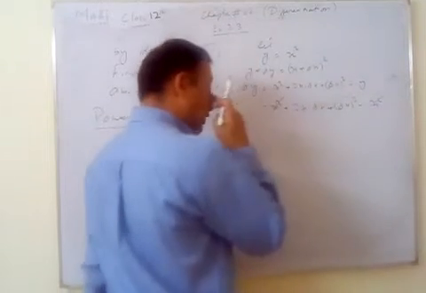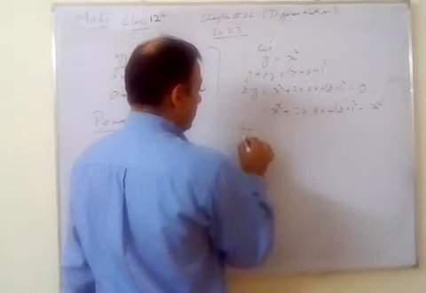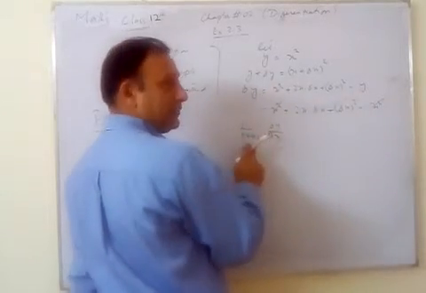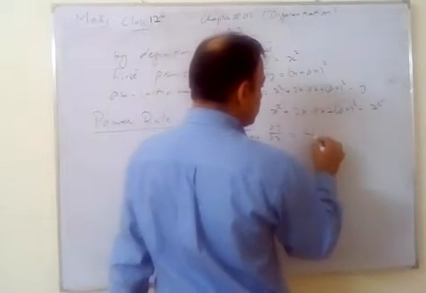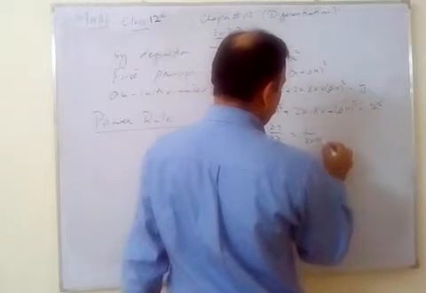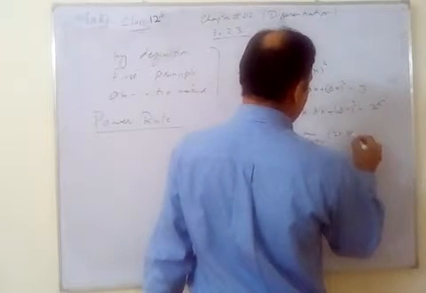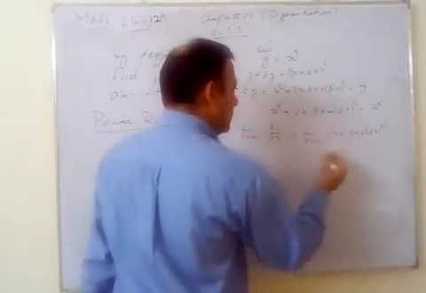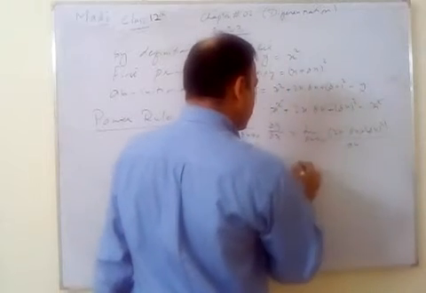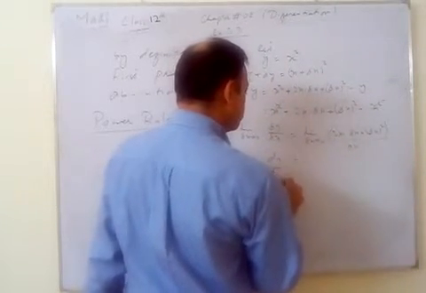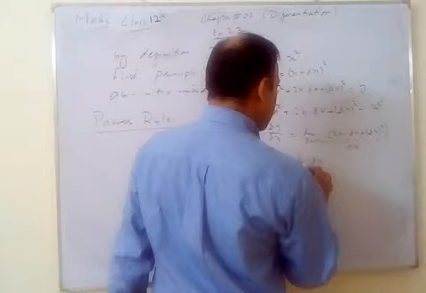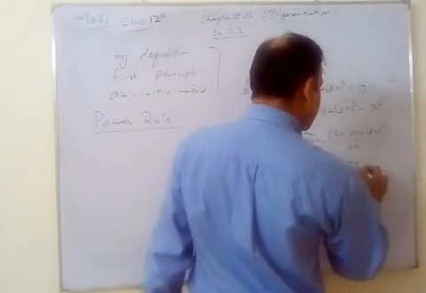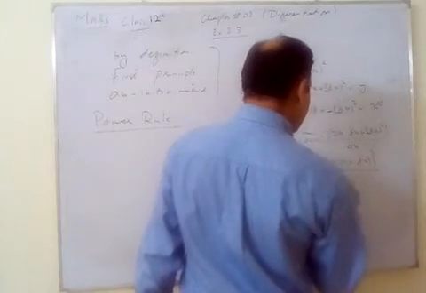Both x squares are cancelled. Now taking limit delta x equal to 0 and dividing by delta x on both sides, we have 2x delta x plus delta x square divided by delta x. So take delta x out common, limit delta x equal to 0, so we have delta x times 2x plus delta x, divided by delta x.